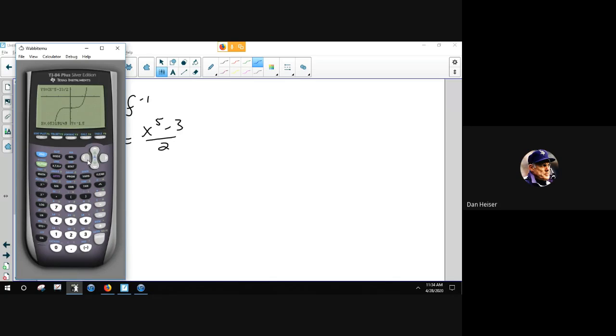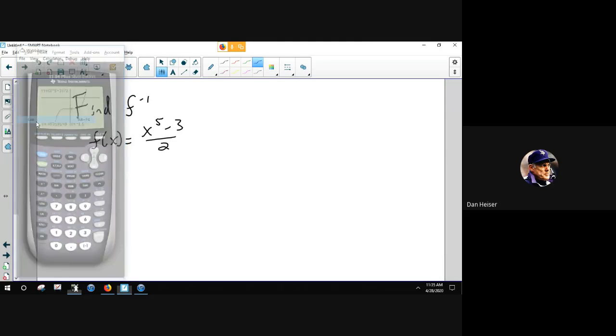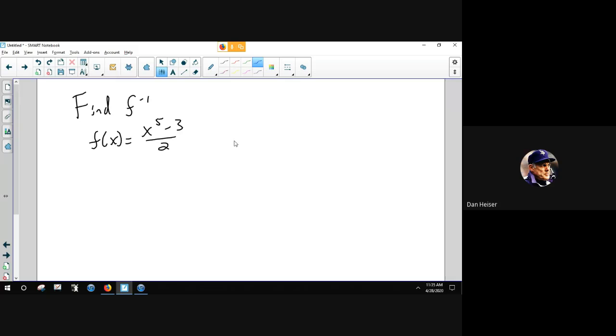It's just that the level of precision is so far to the right of the decimal point that the calculator can't show that. So it's just taking the short way out and saying, yeah, they're about the same. But there is a very subtle difference there in the y values. So for our purposes, this is 1-to-1. Because it's 1-to-1, it has an inverse.